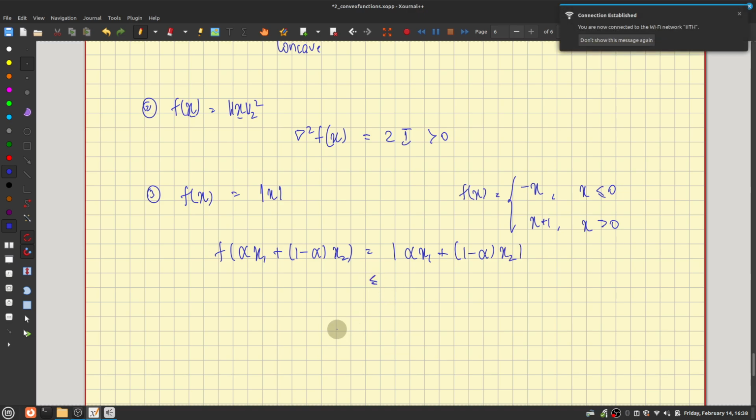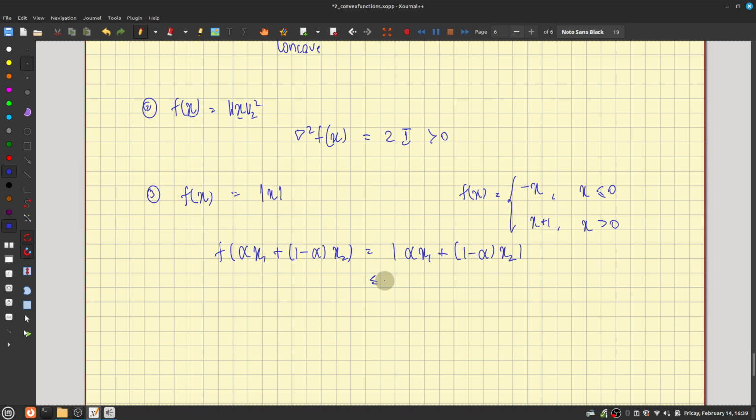In this case, you just use the fact that mod of x plus y is less than or equal to mod x plus mod y. So this is less than or equal to mod alpha x1 plus mod 1 minus alpha x2. Alpha and 1 minus alpha are between 0 and 1, so they're all non-negative quantities.